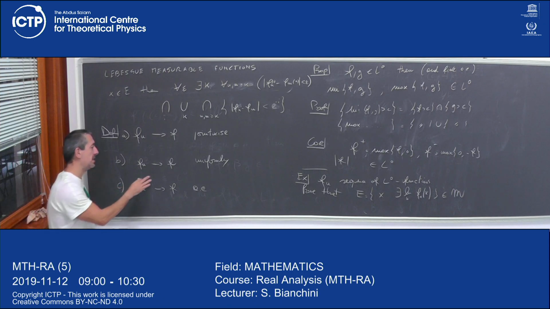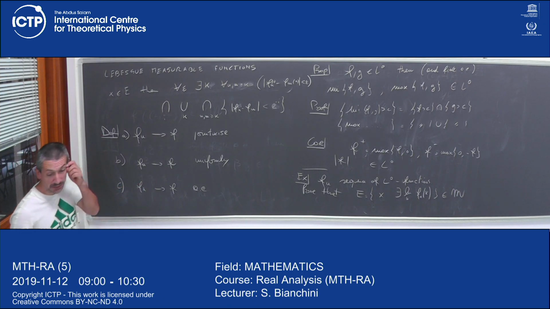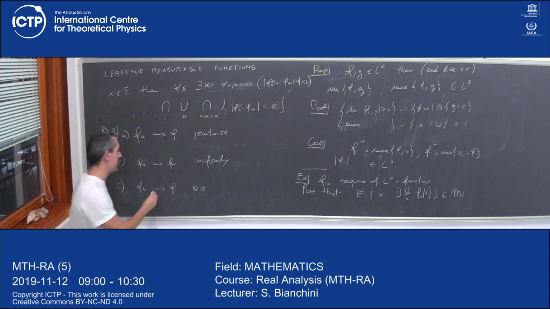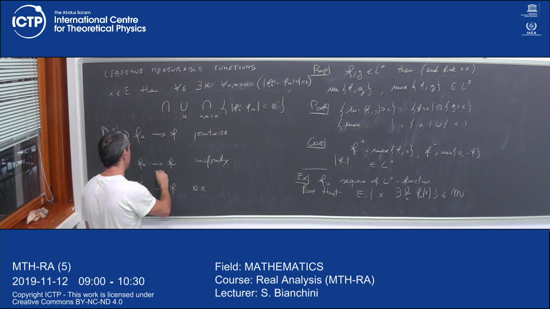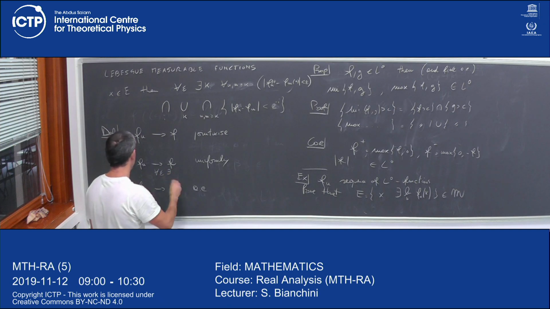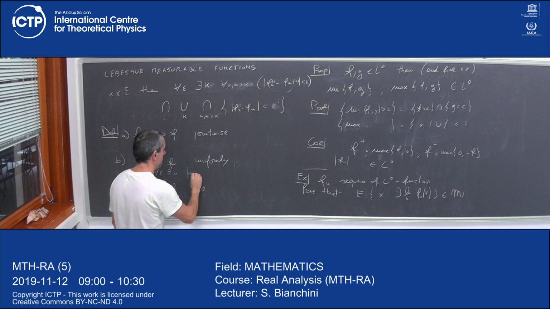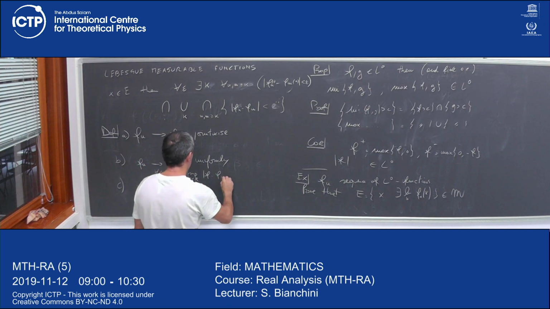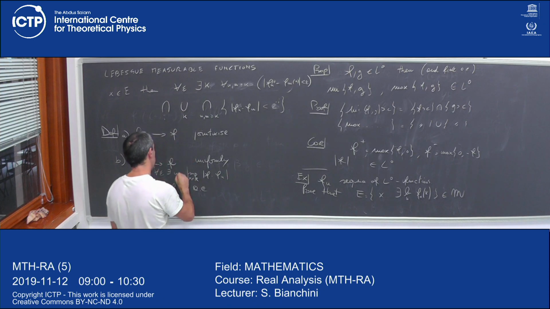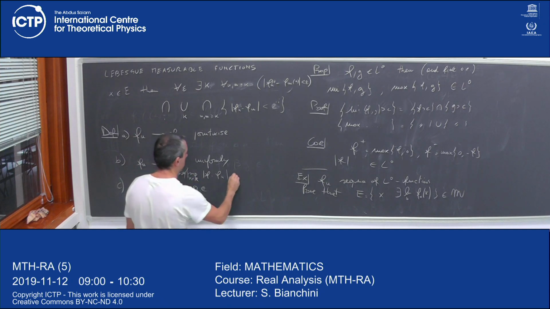Uniform is the most stringent, because for all epsilon there exists k such that for all n larger than k, the supremum of f minus Fn is less than epsilon.